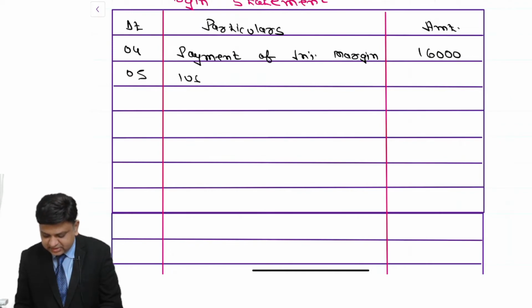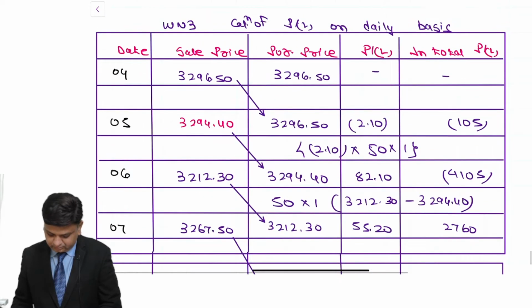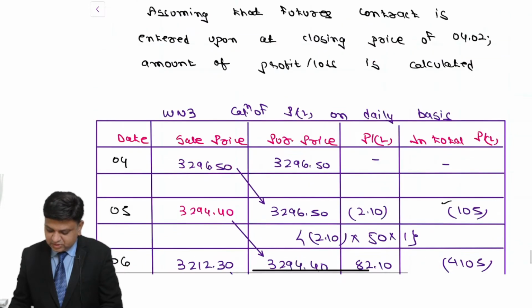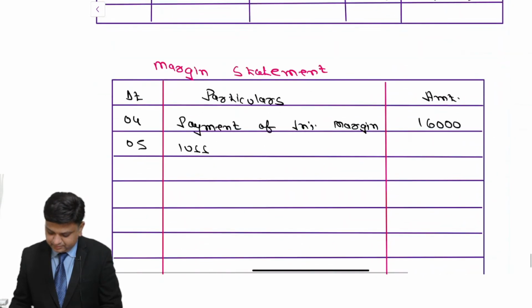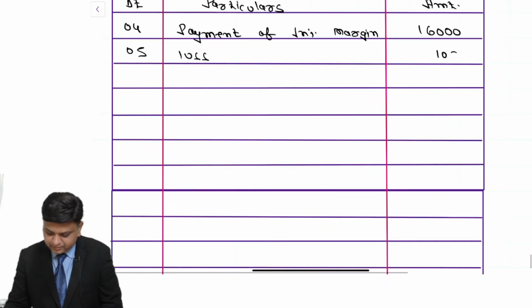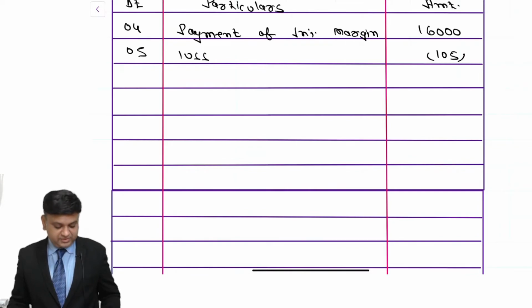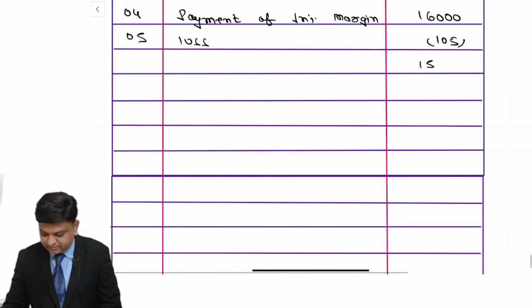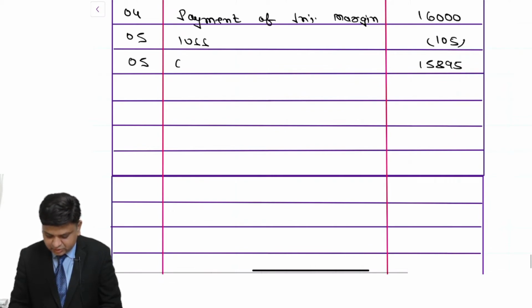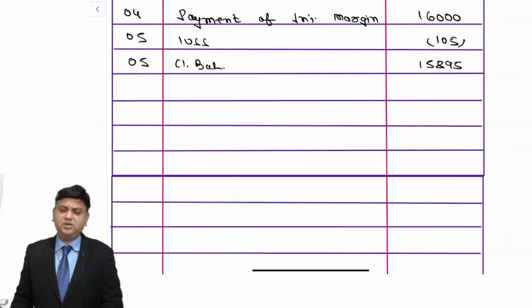On 5th, say there is a loss. Loss is 105. After deducting the loss of 105 from 16,000, the balance is 15,895. So this is the closing balance. There is no margin call. Why? Because the balance is not reducing below 12,000.